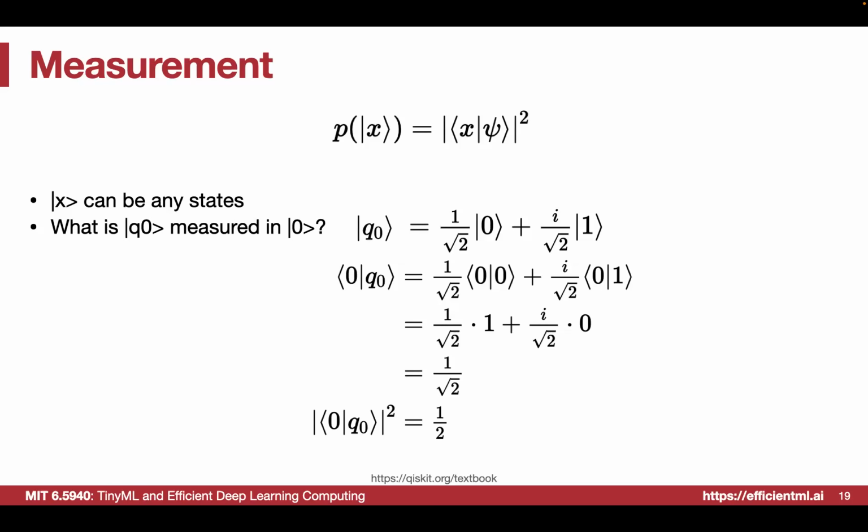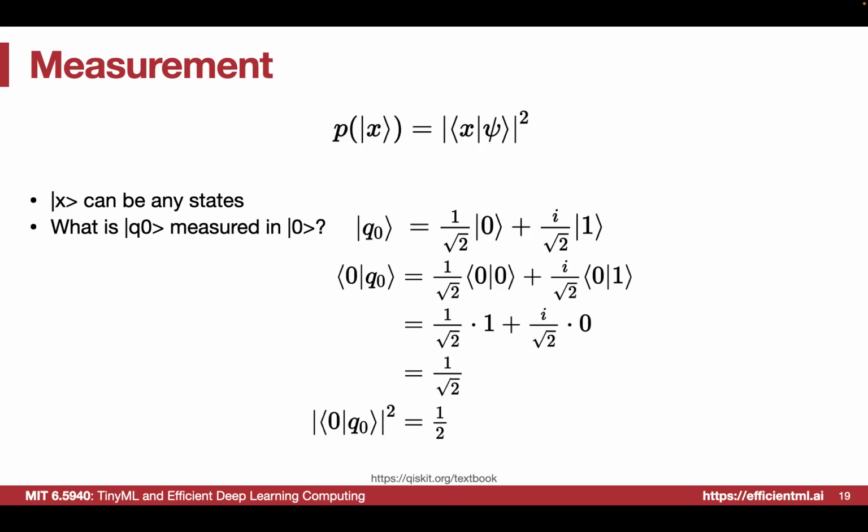We do this vector multiplication between the 0 state and the state, and the computation goes all the way to 1 over square root of 2. Computing the magnitude squared gives 1 over 2, 0.5 or 50% probability to measure a 0.